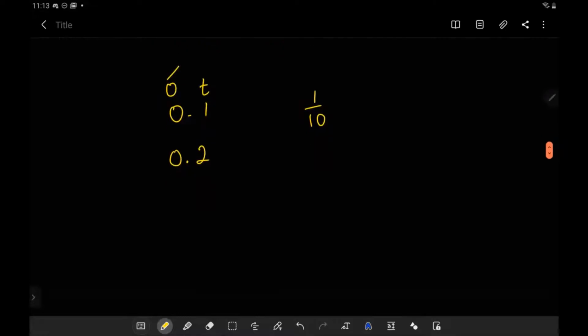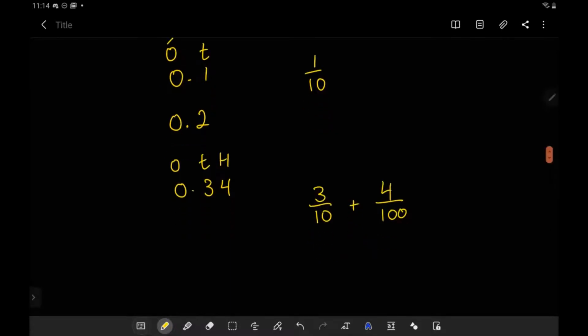Now look at this one. What about 0.34? 0.34 could be written as 0 ones, 3/10, and 4 hundredths. So it is 3/10 plus 4 hundredths.